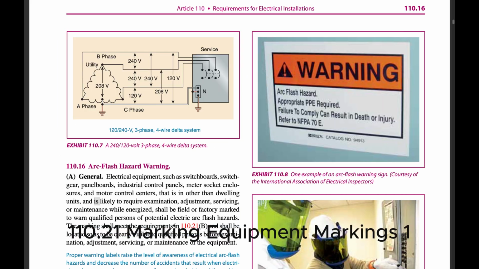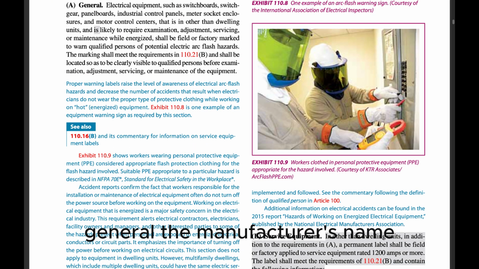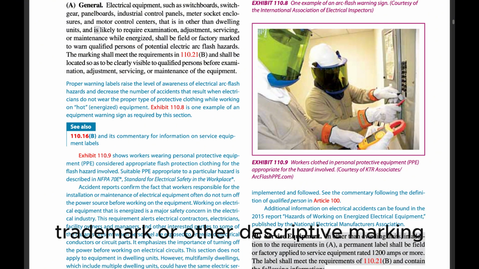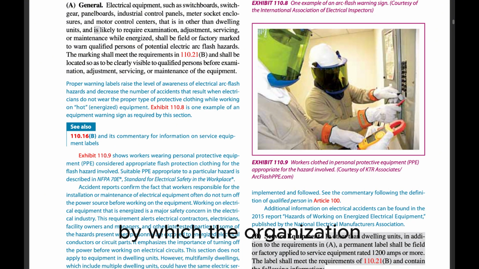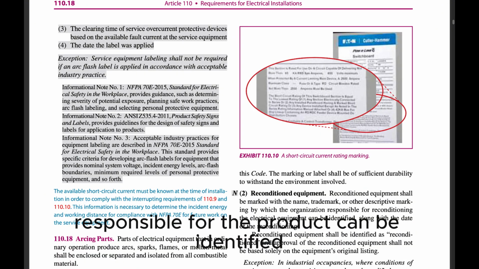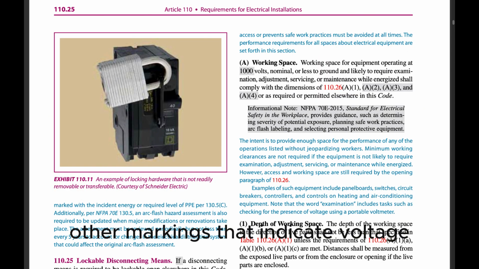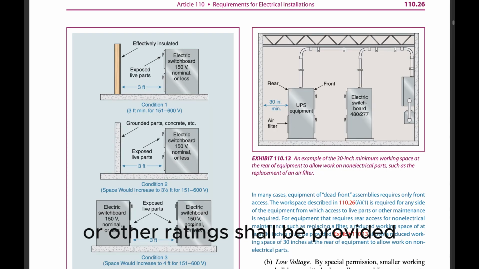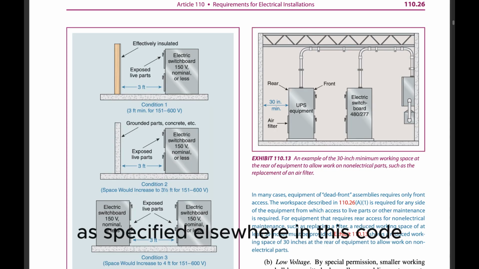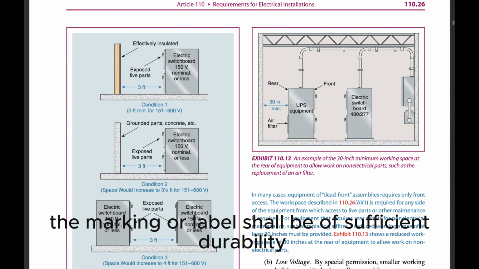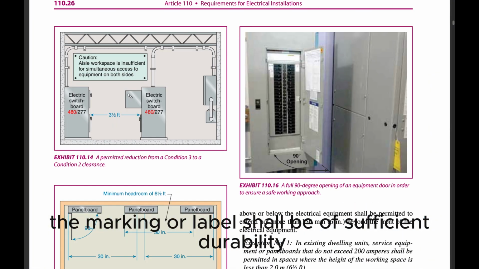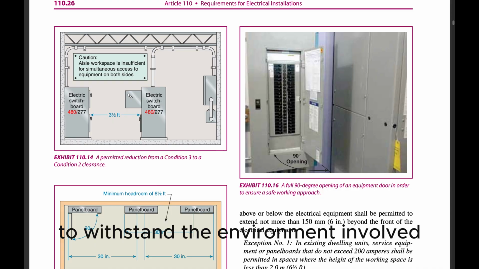110.21 Marking. A. Equipment markings. 1. General. The manufacturer's name, trademark, or other descriptive marking by which the organization responsible for the product can be identified shall be placed on all electrical equipment. Other markings that indicate voltage, current, wattage, or other ratings shall be provided as specified elsewhere in this Code. The marking or label shall be of sufficient durability to withstand the environment involved. 2.